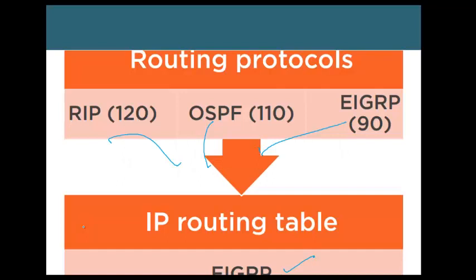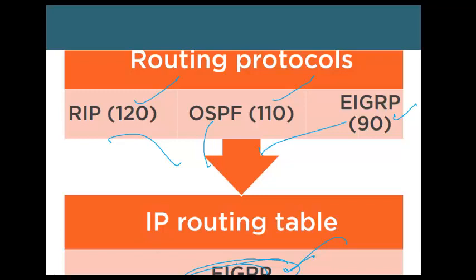So EIGRP, in this example, you don't have BGP, so RIP, OSPF, EIGRP. I didn't bring BGP into the picture because BGP has got two administrative distances, 20 and 200, so I don't want to confuse. Anyway, if you have EBGP, which is only 20, it would have come here, not IBGP.